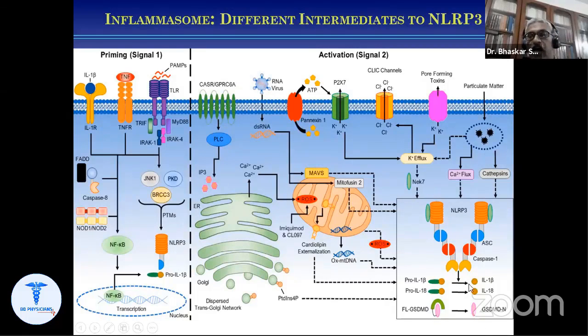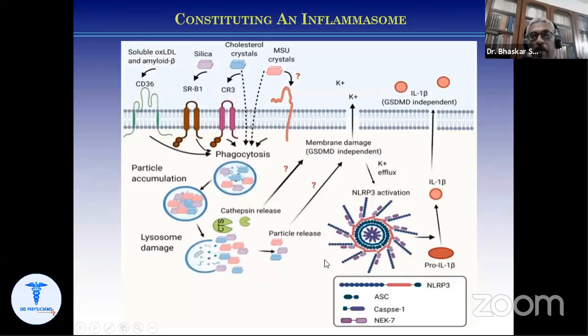So these are the inflammatory mediators whose formation is catalyzed by inflammasomes. And these are many different regulators of inflammasomes. So here you can see how NLRP3 is activated by many different proteins.